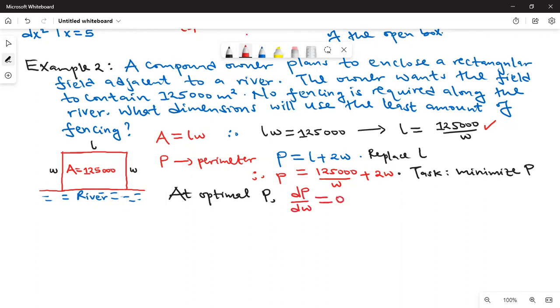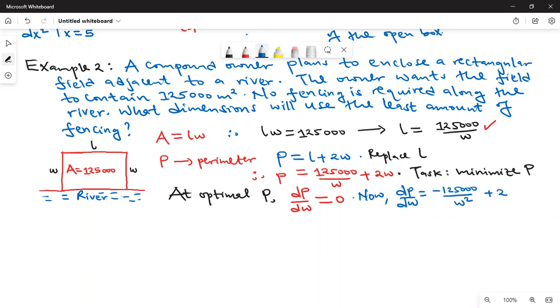You see now P is a function of W. Now it is not X. It is now W. So from here, let's get the derivative. So you can say now dP dW. When you differentiate, you're going to get negative 125,000 over W squared plus 2.